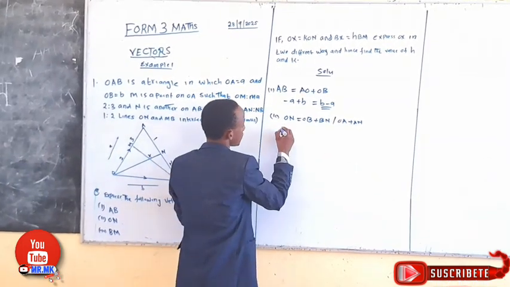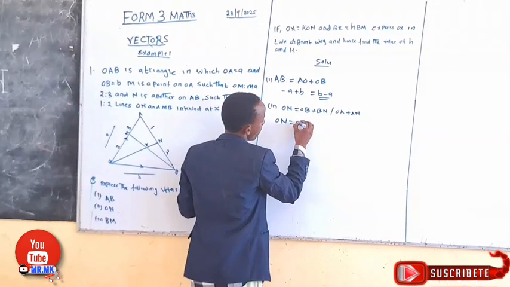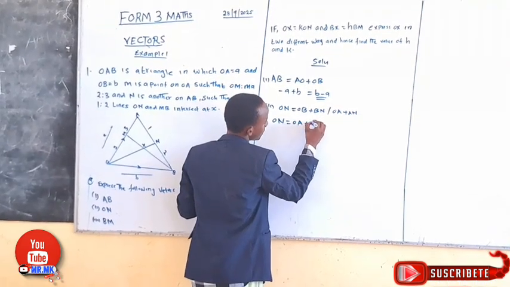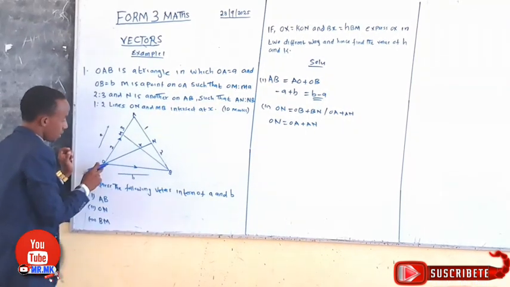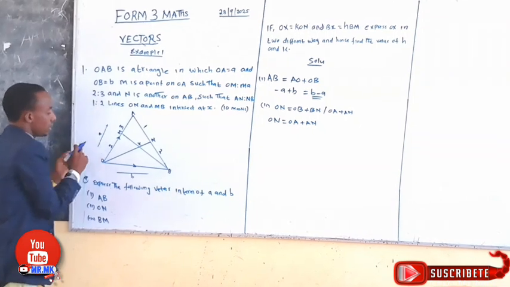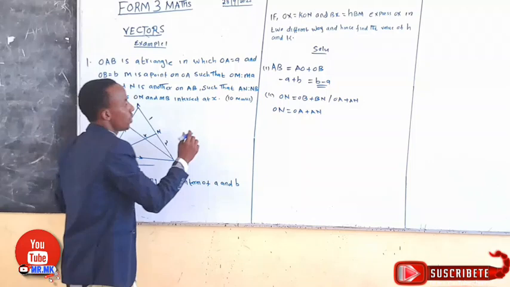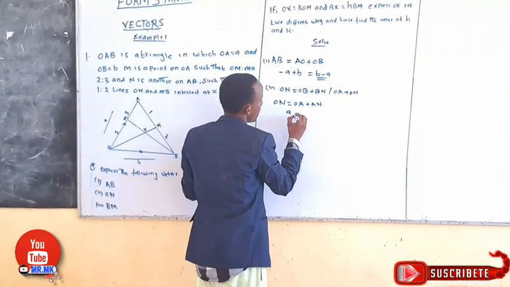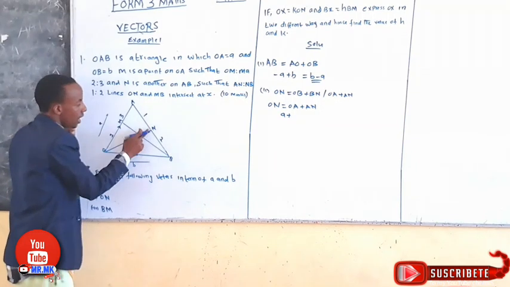But for our case here, let's use OA. OA is vector A, meaning that we are moving with the direction. Plus AN, which is from here up to here.